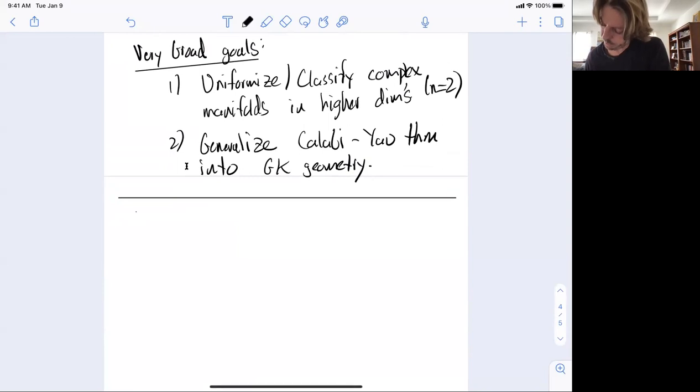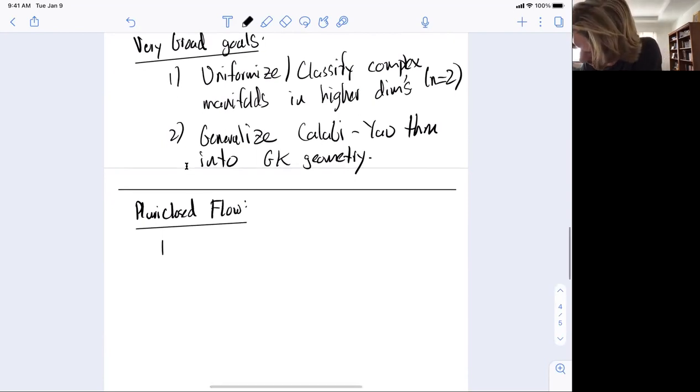So I'm going to say some words defining now this pluriclosed flow. Okay. So let's start with a definition.